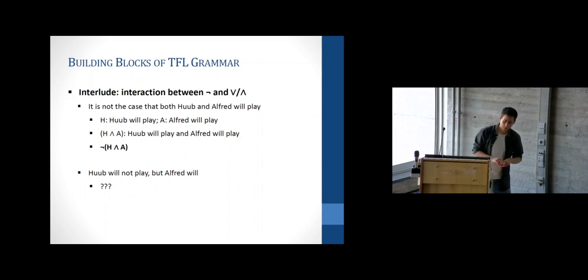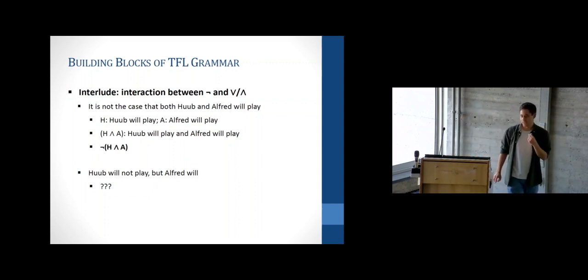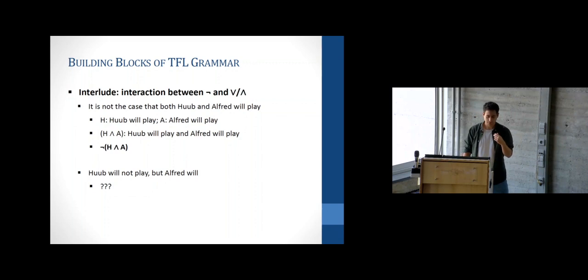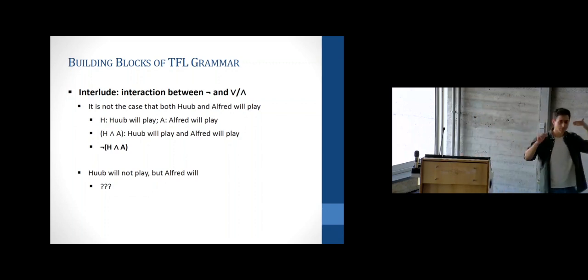Now compare that to: Hoop will not play, but Alpha will. First, in English, what connectives do we notice are in play here? Just shout them. Negation, right? Negation and conjunction.